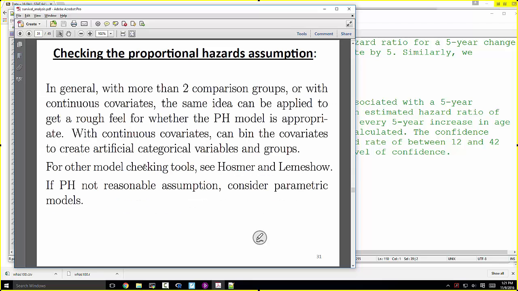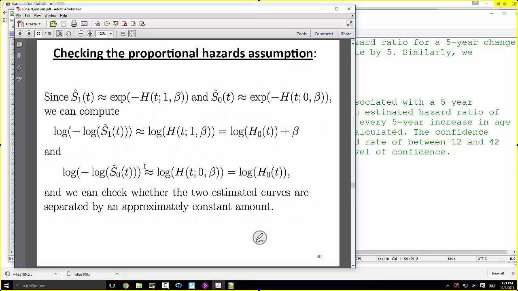So I'll show you a picture in a minute, but we're going to say that the log of the minus log of a survival curve is equal to the log of a cumulative hazard function plus a beta coefficient. And the log of the minus log of the survival curve for a comparison group is the same thing except not beta.